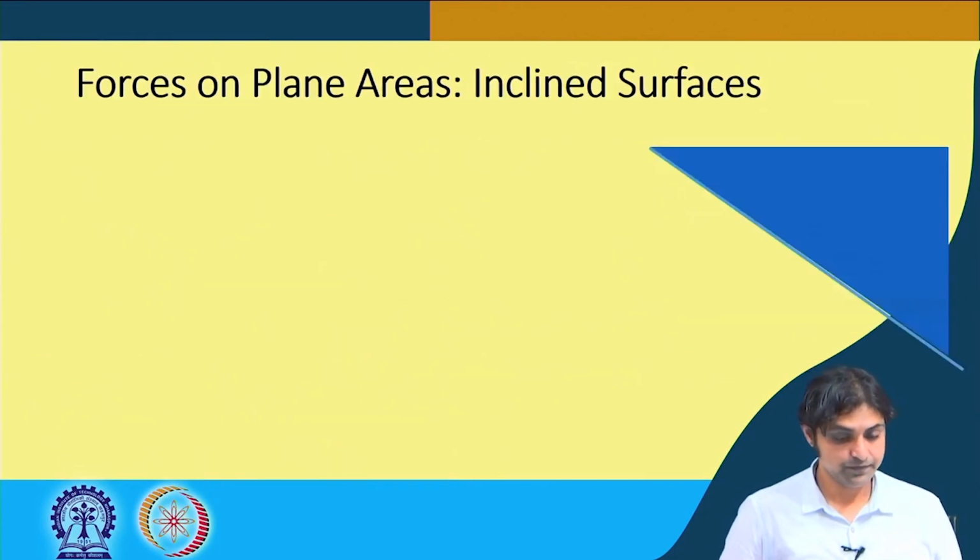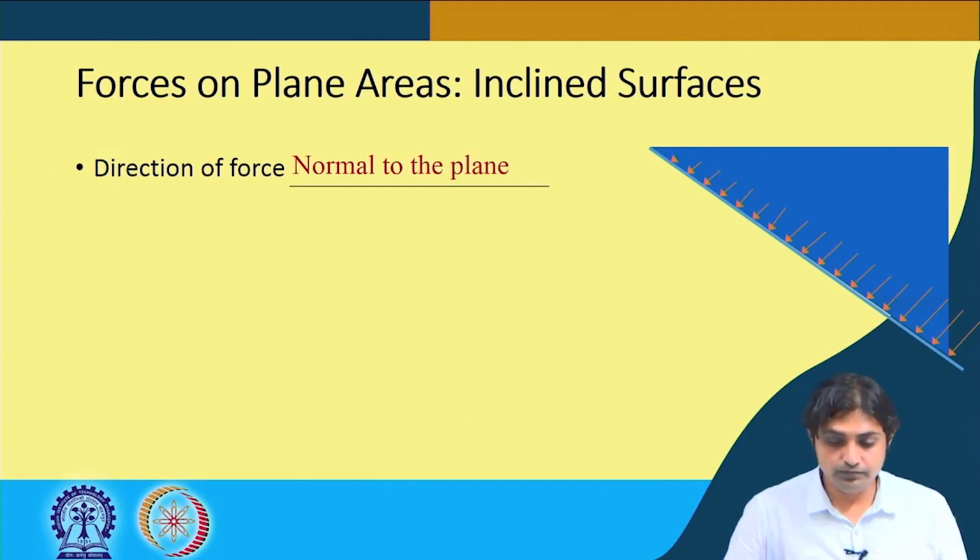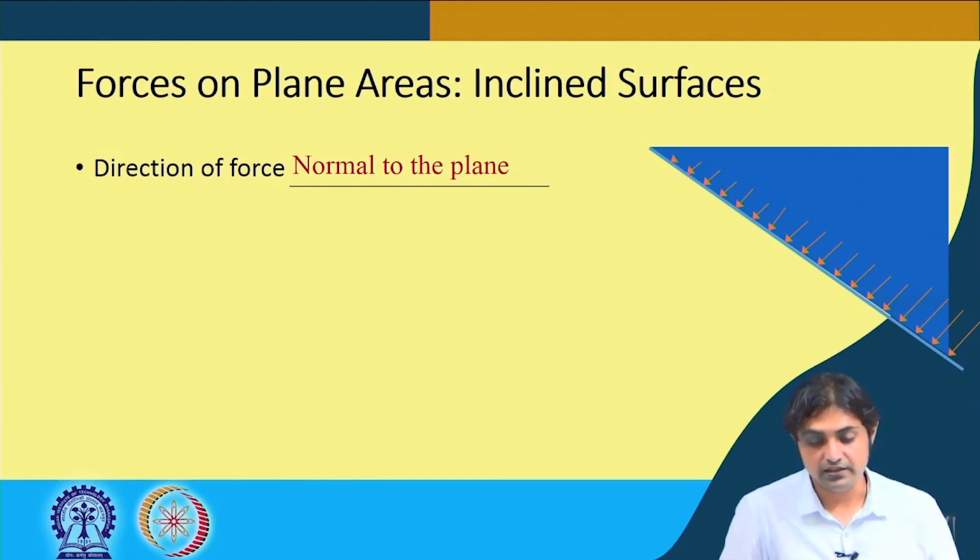Good. Another important thing is we have to learn, or revise again, what the forces on plane areas or inclined surfaces are. This has to be taken in a little more detail. What will be the direction of the force? Always perpendicular, normal to the plane. So, the force will act like this.